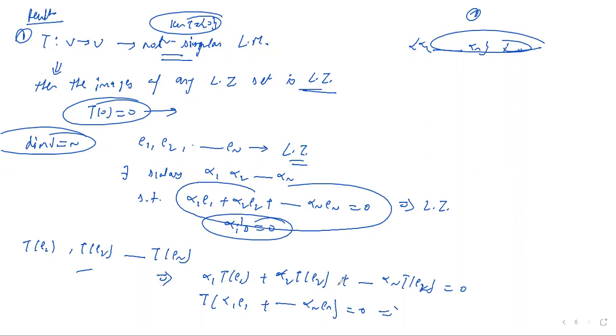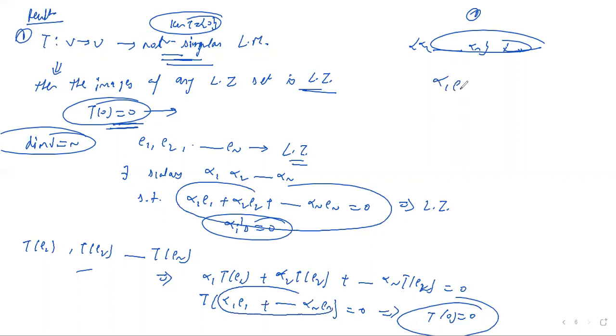That means T of that vector equals 0, because my T is non-singular. T0 equals 0 is the only property that has to be satisfied, the only case found here. So for this to be satisfied, alpha 1 e1 plus alpha 2 e2 to alpha n en has to be equal to 0.